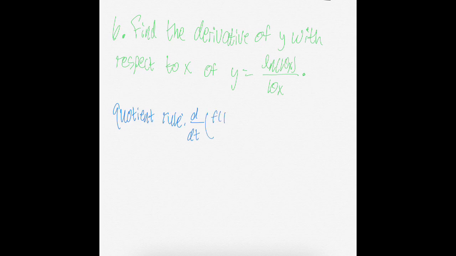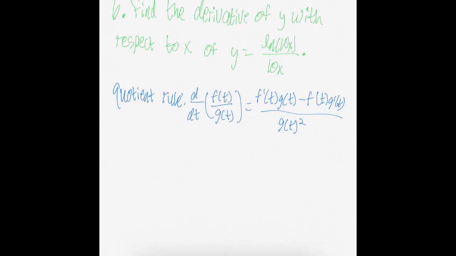This says that the derivative with respect to t of f of t over g of t is, okay, so this is, I think, a trickier formula to remember. This is going to be f prime of t times g of t minus, now I'm going to leave f alone and take the derivative of g, and then we divide by g of t squared.